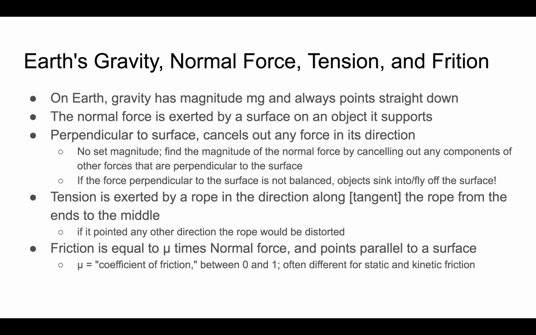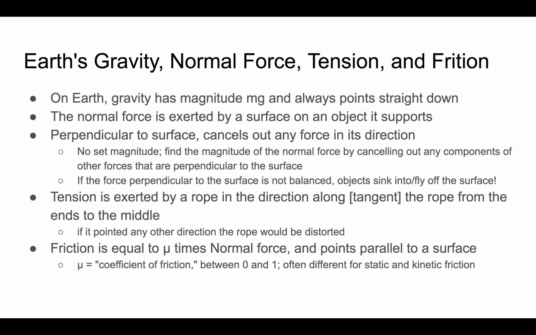Another kind of force is tension, which is exerted by ropes. Tension and the normal force are both kind of inscrutable because they don't have any set magnitude, and tension especially can be a bit confusing because it's hard to see the direction and the magnitude of the force.